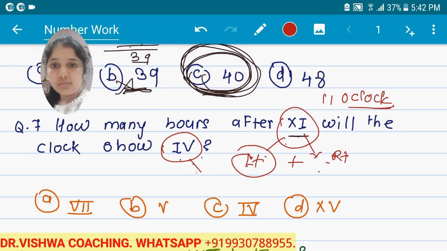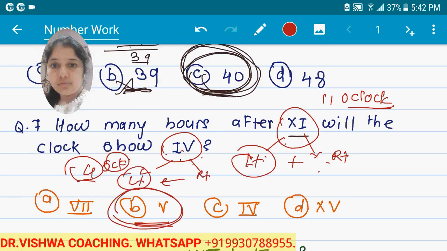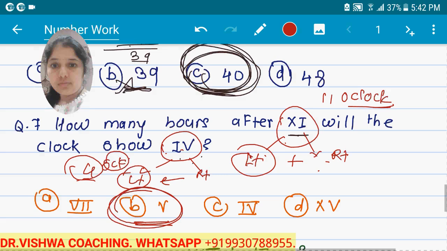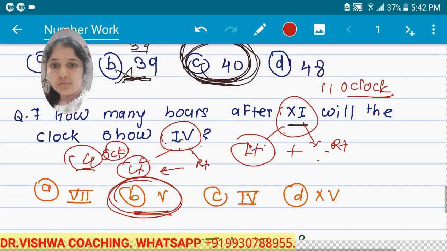V is the bigger number at the right side, I is the smaller number at the left side, so subtract. So V minus I, 4. Now from 11 o'clock up to 4 o'clock, how many hours do we pass? 5 hours. And which Roman number represents 5? V. So your answer is B. Okay. It was a simple question. After one tricky question, there should be one simple question, because our brain will remain active.